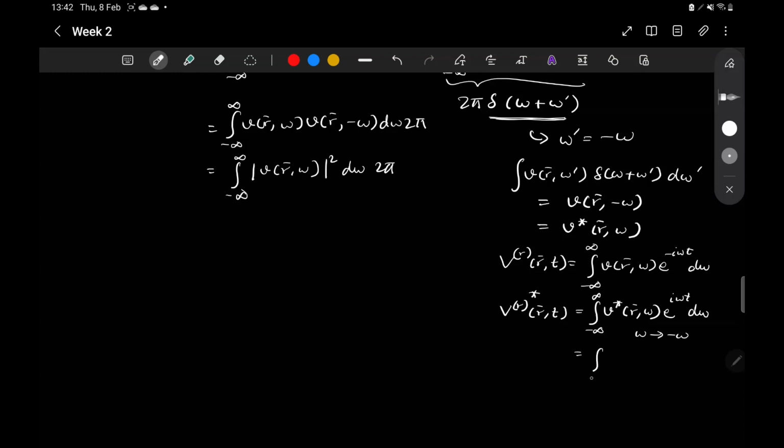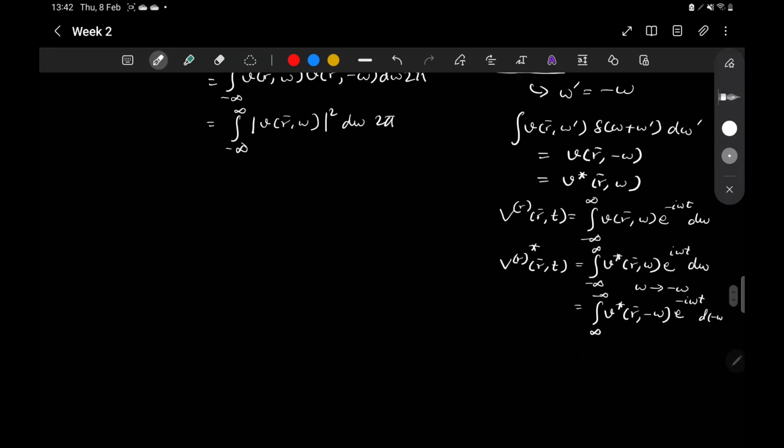So this will give us, the limits of the integral will flip over. And now this d minus omega will be minus d omega. So again the limits of the integral will flip once again.